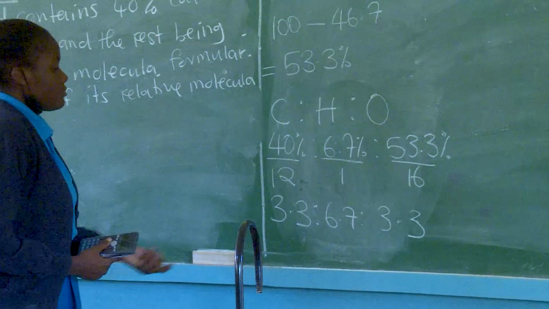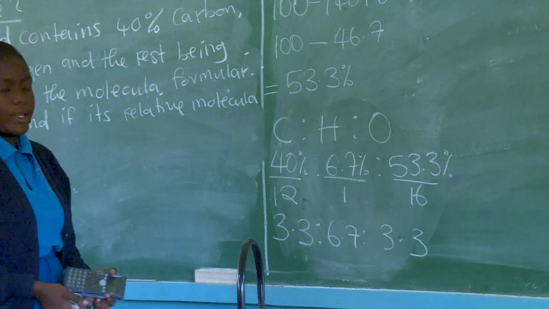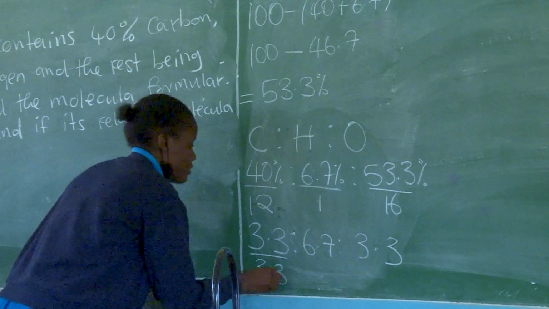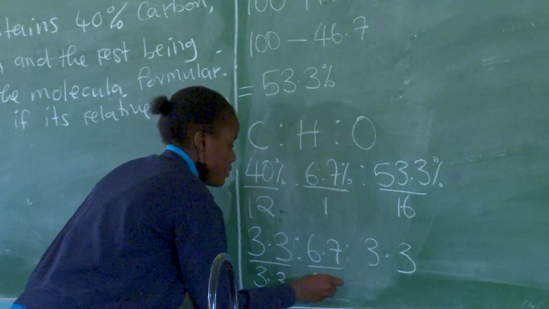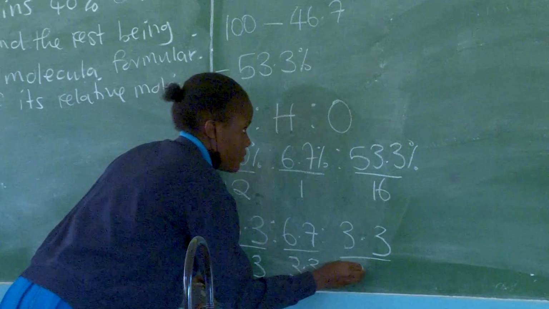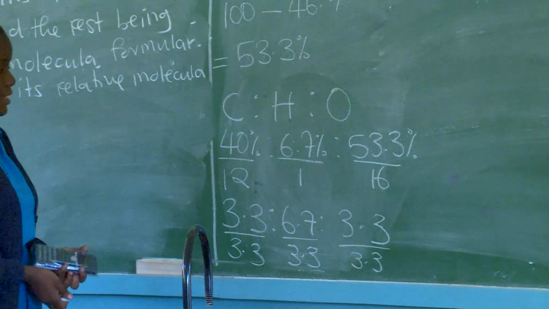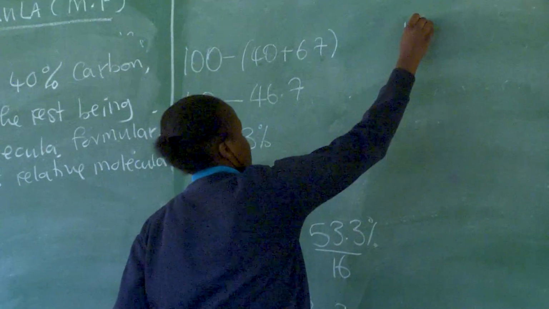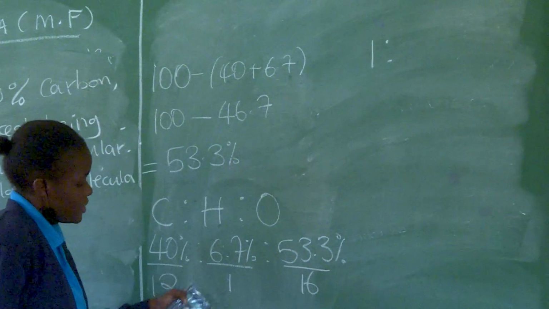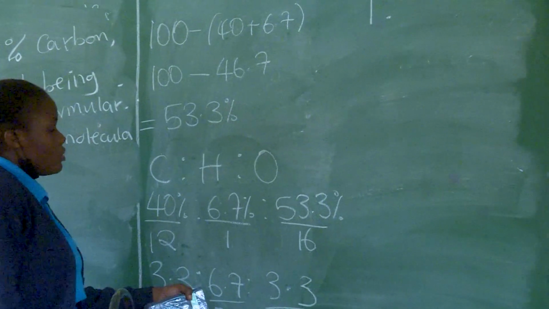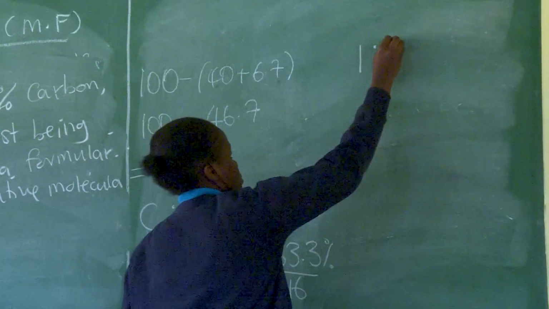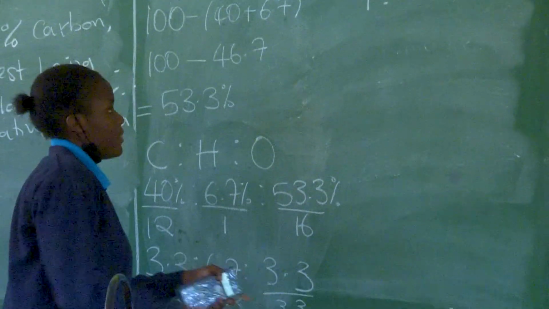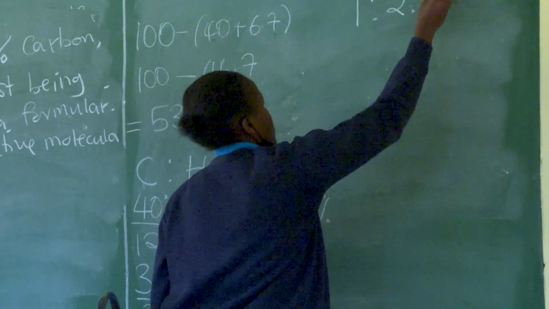Then now we divide by the smallest one, which is 3.3. 3.3 divided by 3.3 gives 1. 6.7 divided by 3.3, when you round it off to one whole number, gives 2. And 3.3 divided by 3.3 also gives us 1.